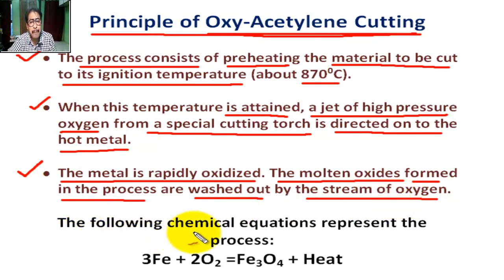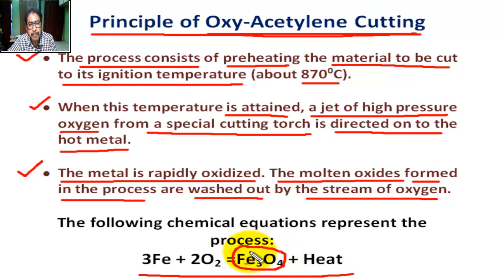The following chemical equation represents the process: 3Fe plus 2O2 equals Fe3O4, this is the oxide, plus a huge amount of heat.